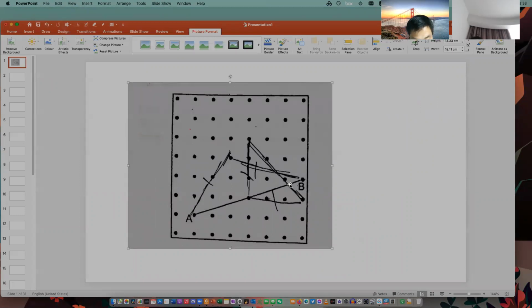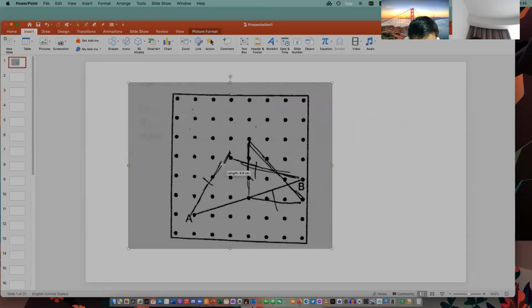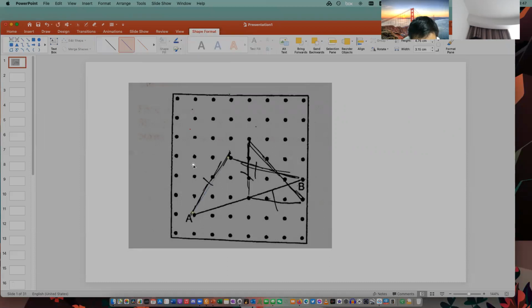So what I'm going to do is, just now I tried to follow this line, and I realized over here is 3 units, and then over here is 2 units. And for this line, this is 4 and then this is 1. So basically the dimensions don't match each other. That tells me this line is actually not equal to this line.